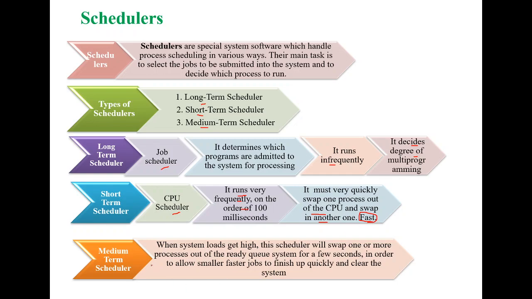In medium-term schedulers, when the system load gets high, the scheduler will swap one or more processes out of the ready queue for some amount of time, a few seconds, in order to allow the smaller, faster jobs to finish up quickly and clear the system. Later on, the swapped out processes are swapped in and continue the execution. So this is all about the schedulers and their types.